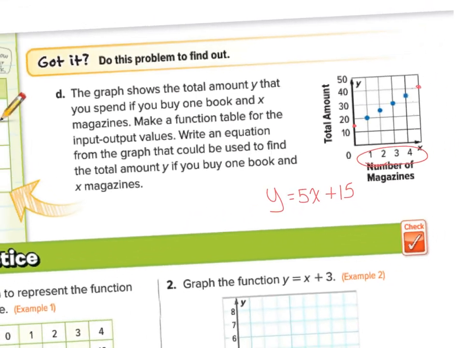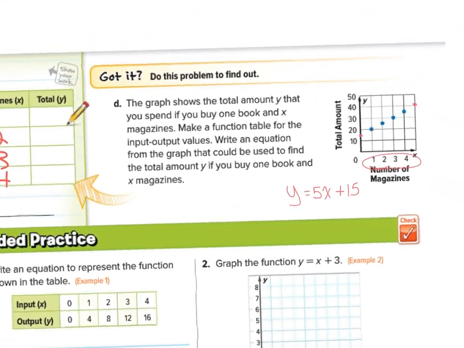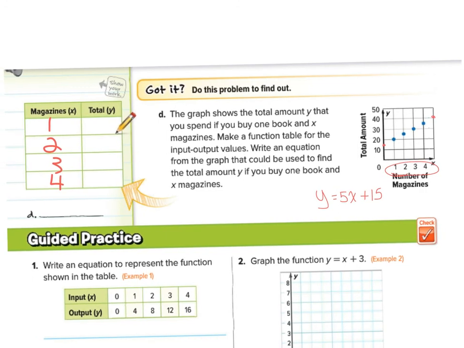Now, I'm not expecting you to be a master of this right away, but we will practice this in class, and I think you have a good heads up on what it is that we have to do. So again, when you only have one magazine, it's going to be 20. When you have 2 magazines, it'll be 25. 3 magazines, it'll be 30, right? Because each magazine is 5, so that gives me 15, plus another 15 gives me 30. And then 4 magazines will be 35, as you can see right there.